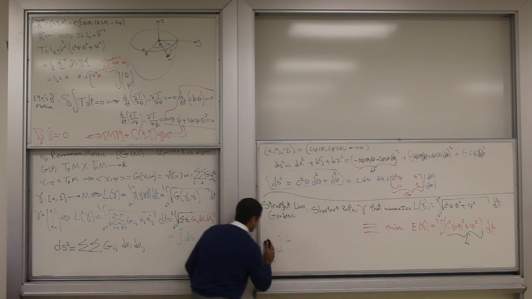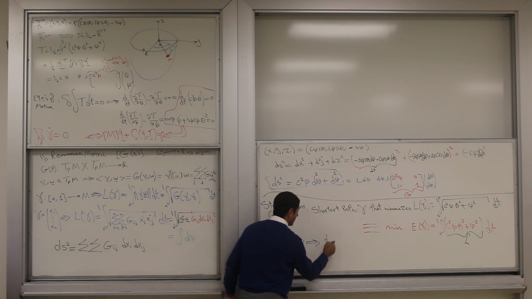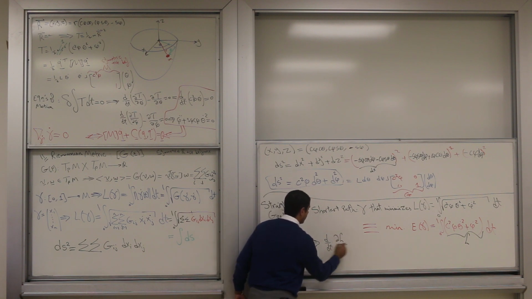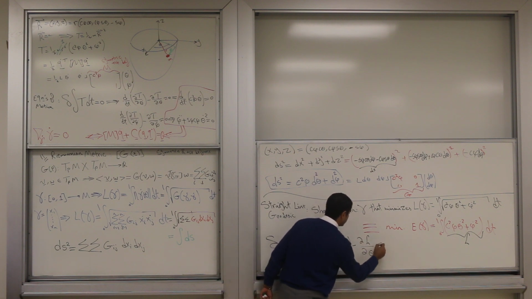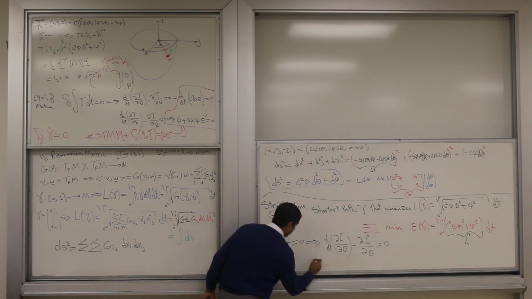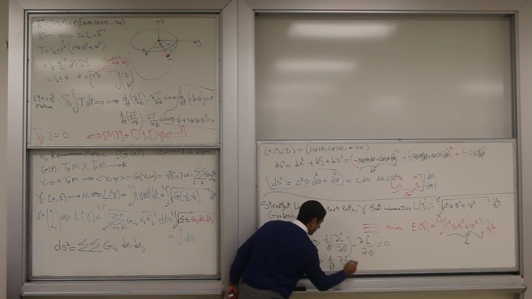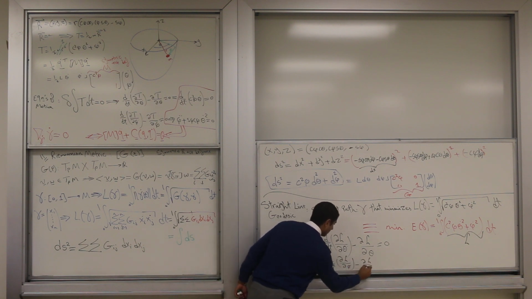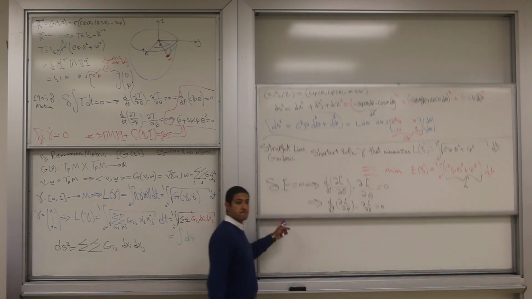So the first variation of E is 0, gives you d by dt partial L partial the first coordinate dot minus partial L partial the first coordinate, and the same for the second, right? Any question about that?